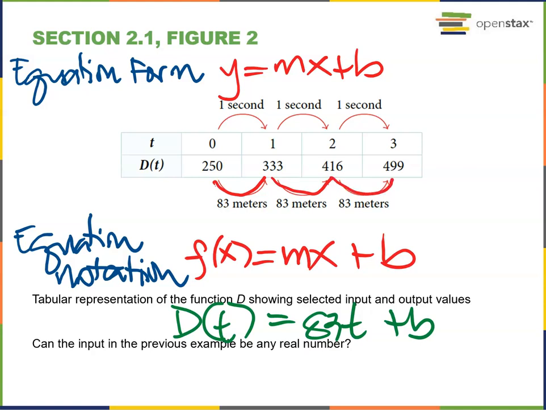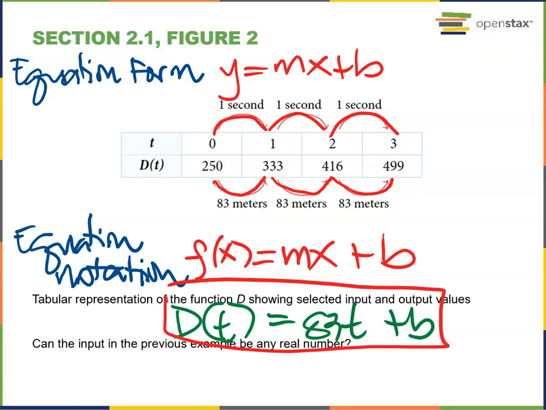The difference is 83 meters, and that is for every 1 second increase in time, from 0 to 1, from 1 to 2, and from 2 to 3. And this is the equation of that table.